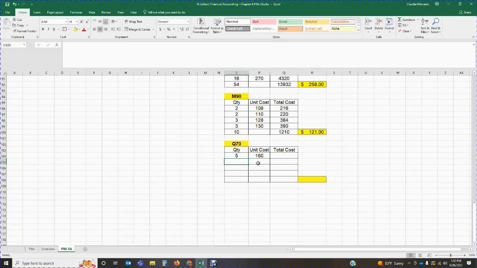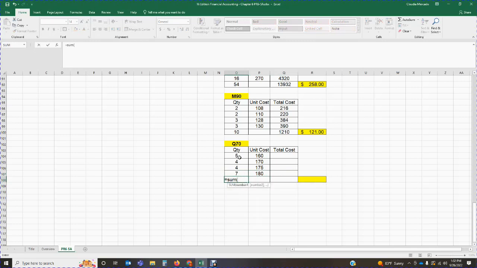We had 4 units at 170. We had 4 units at 175. Then we have 7 at 180.